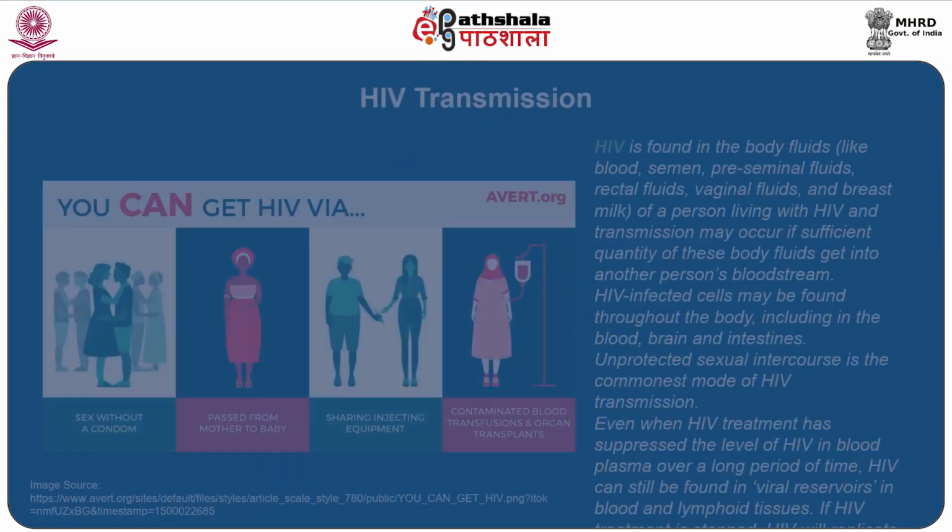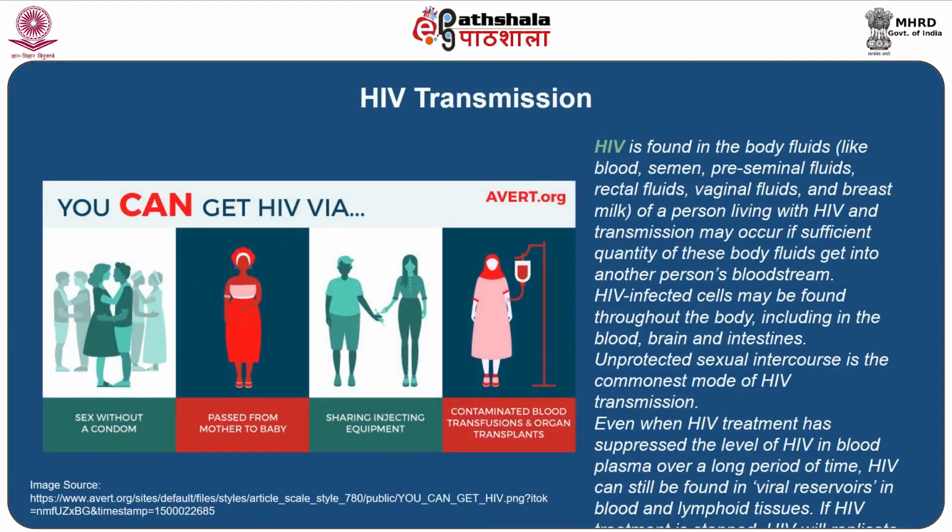Now let us look at HIV transmission. HIV is found in the blood fluids of a person living with HIV, and the transmission may occur if a sufficient quantity of these blood fluids gets into another person's bloodstream. HIV infected cells may be found throughout the body, including in the blood, brain, and intestine.